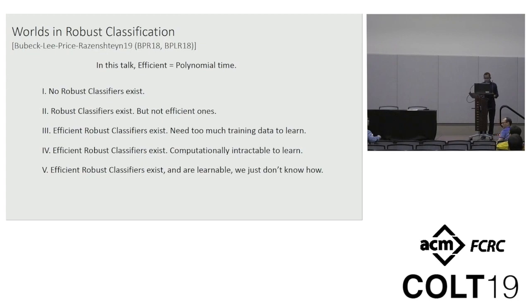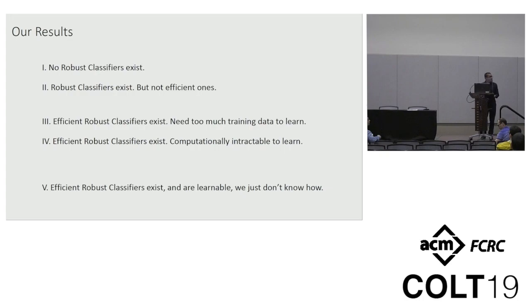Let me first talk about our results, and then I'll compare them to prior work. We show that under cryptographic assumptions, various of these properties can be realized. In particular, we show three things. First, we show classification tasks where inefficient robust classifiers do exist, but no efficient classifiers do.